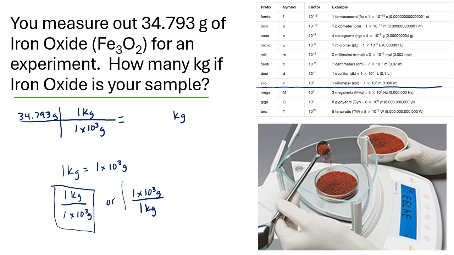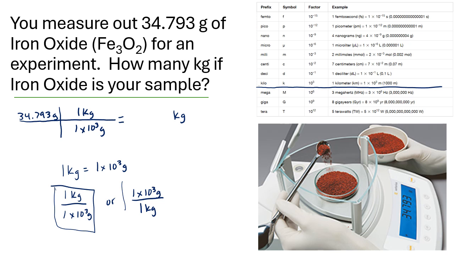So now the math says to do 34.793 times 1 divided by 1 times 10 to the third. We can simplify that to 34.793 divided by 1 times 10 to the third when we punch it in our calculators.